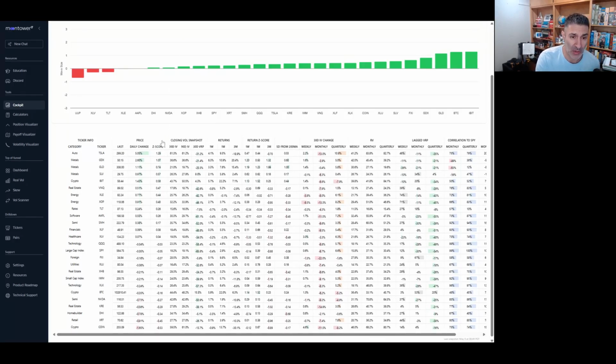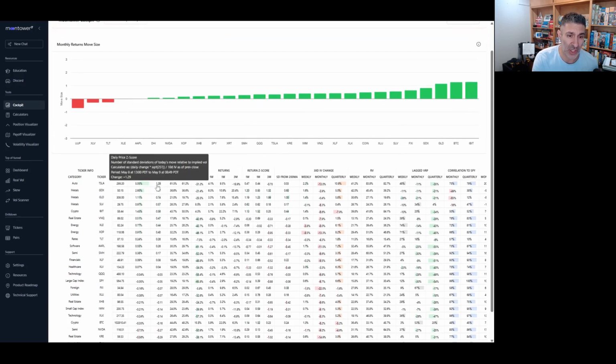And what am I looking at here? What is Z-score? If you hover over that, it tells you the definition of how that's computed. Basically, we're taking today's change, multiplying it by the square root of 250 to annualize it, and then dividing it by the 10-day implied vol, because vols are all annualized.